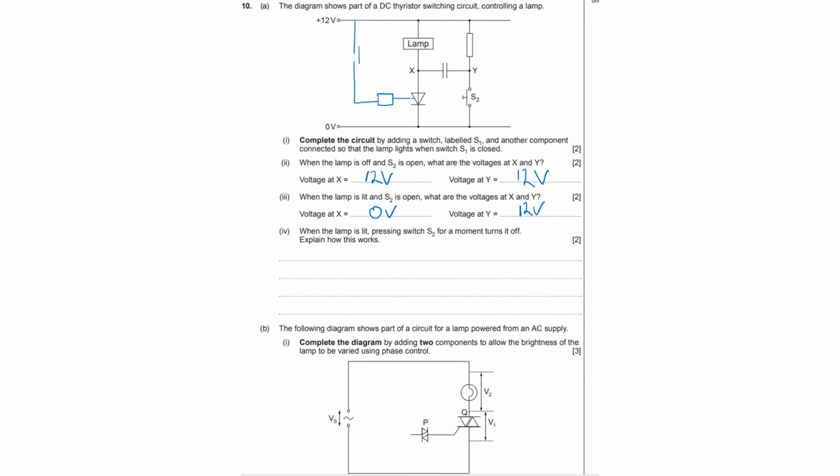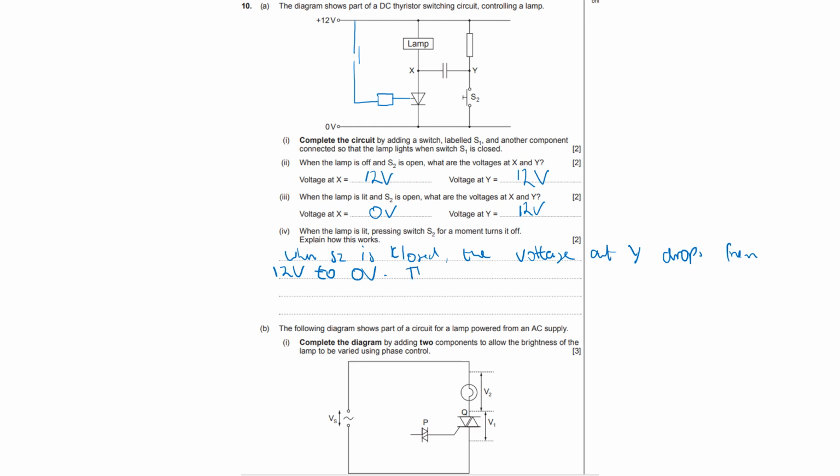So when S2 is closed, the voltage at Y drops from 12 volts to 0 volts. I'm sure it's going to say the voltage at X. Yep.